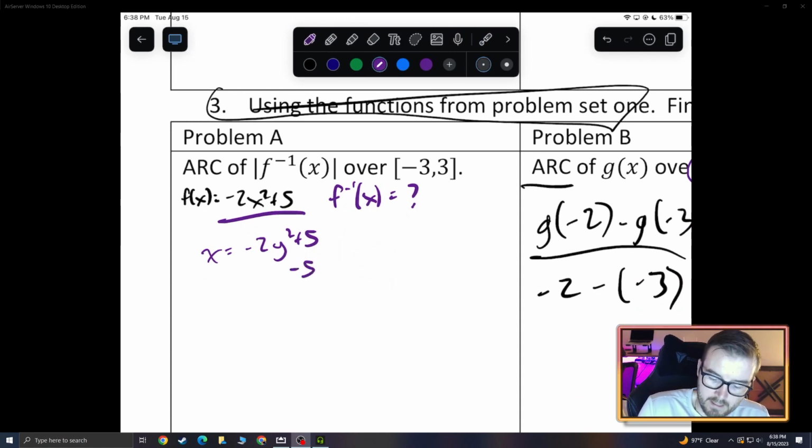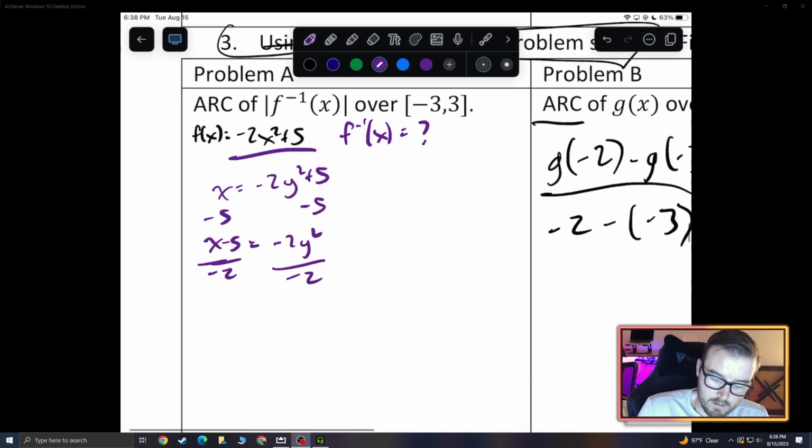If you're adding 5, you need to subtract 5. If you're multiplying by -2, you need to divide by -2. And then here, how do you get rid of squared? How do you get rid of that exponent? You take the square root.